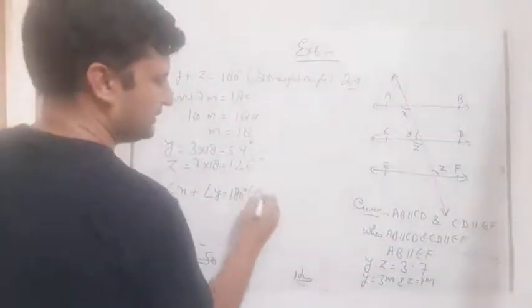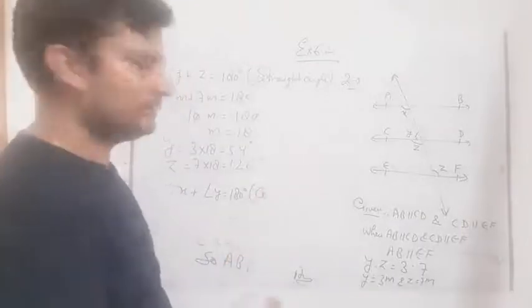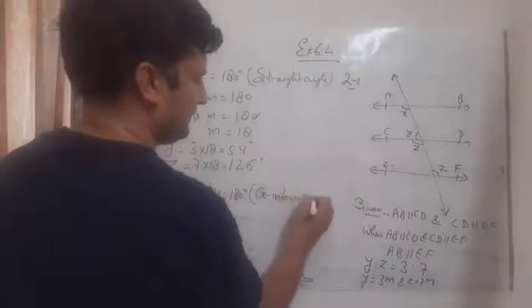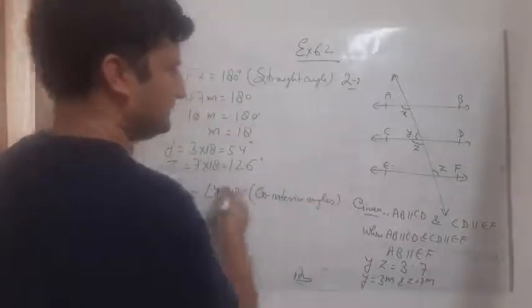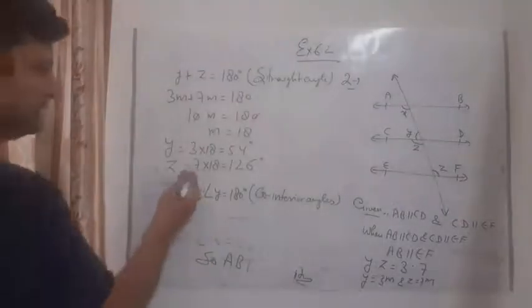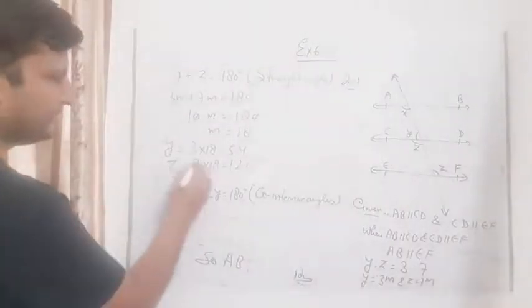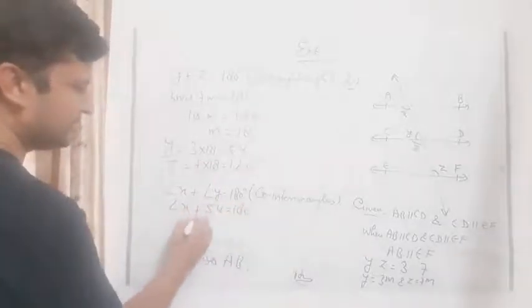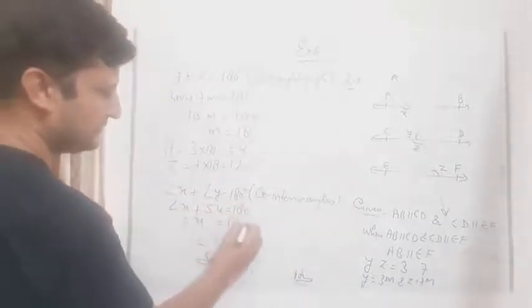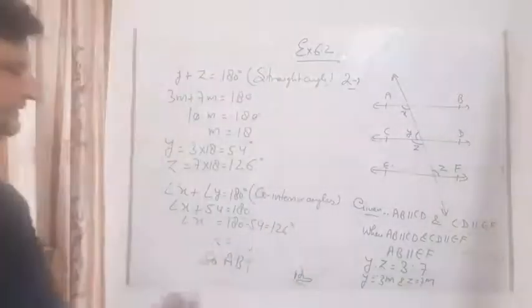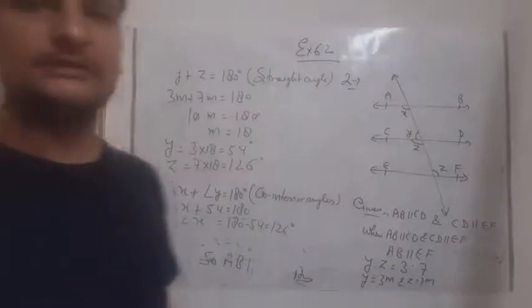These types of angles are called co-interior angles, and the sum of these two angles is always 180 degrees. So angle x we have to find, and angle y is 54, so x plus 54 is equal to 180 degree. So angle x is equal to 180 minus 54, that is 126 degree. So the value of x is equal to 126 degree.